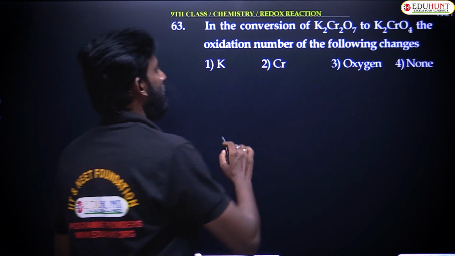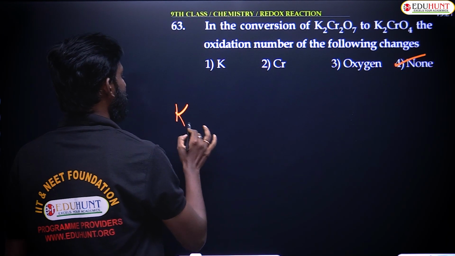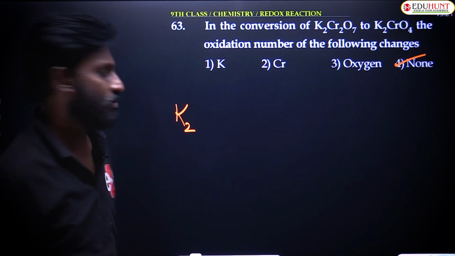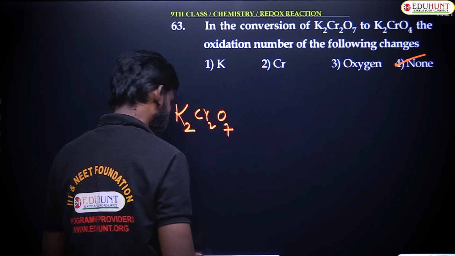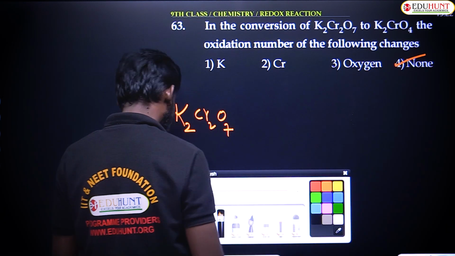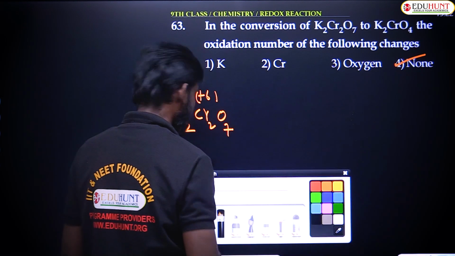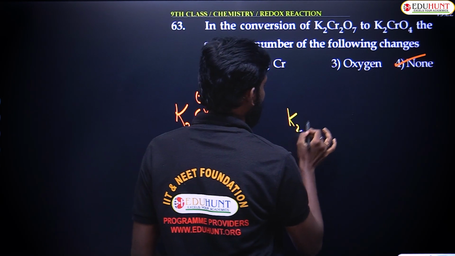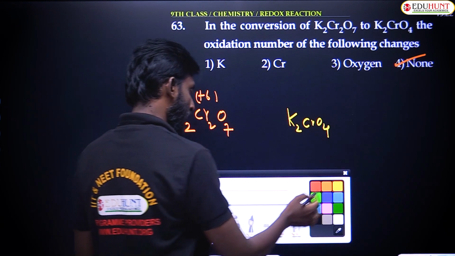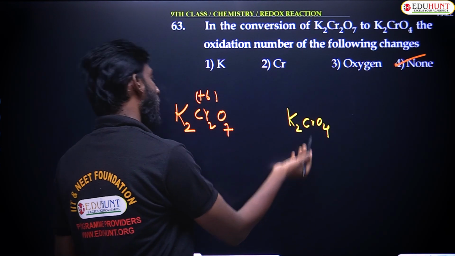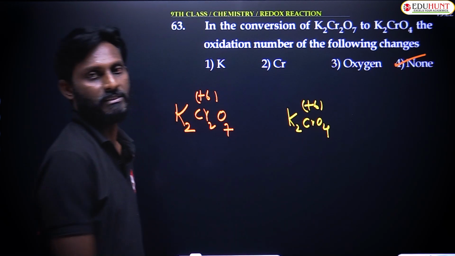In the conversion of K2Cr2O7 to K2CrO4, the oxidation number of which of the following changes? None. I explained with the structures in one of the previous questions. In K2Cr2O7, potassium dichromate, the oxidation state of chromium is +6. In K2CrO4, chromate, whether it is chromate or dichromate, chromium will be in the same oxidation state.